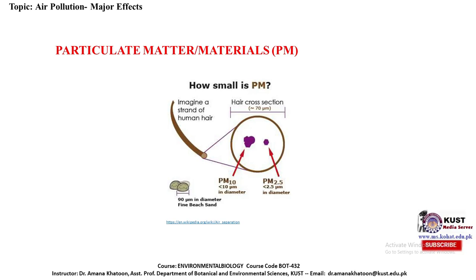If we have to compare their size, we can imagine a strand of human hair. For example, this is a strand of human hair, and its size is about 70 micrometer. Here this is the hair cross section, and we can see the 70 micrometer size of this hair in diameter.